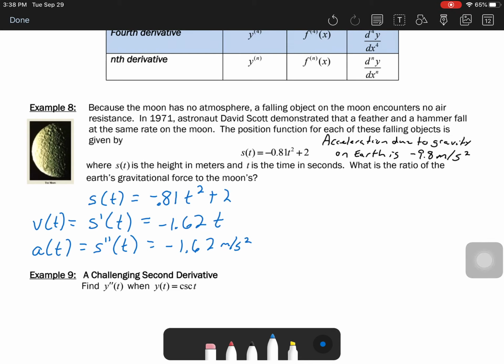So when we compare these two values, on Earth, negative 9.8, and on the moon, it was negative 1.62. And if we divide those out, you get a ratio of about 6.05.